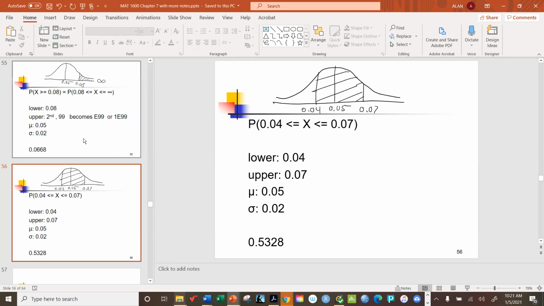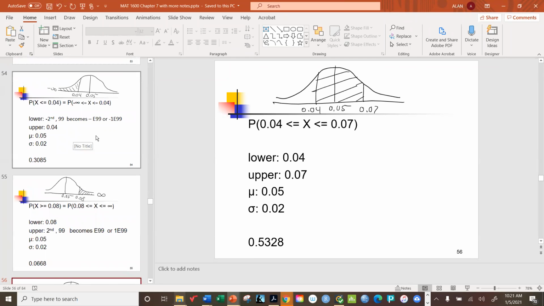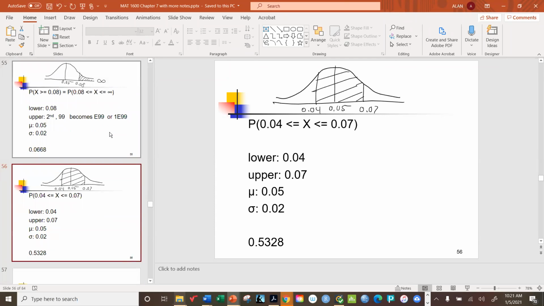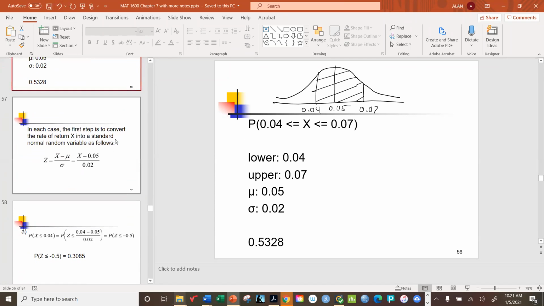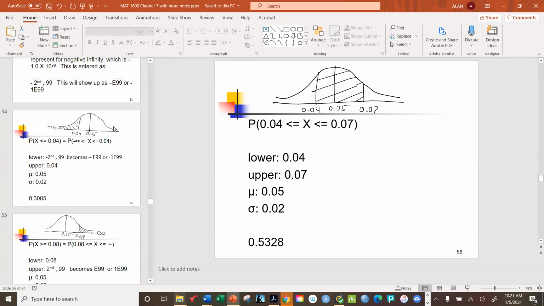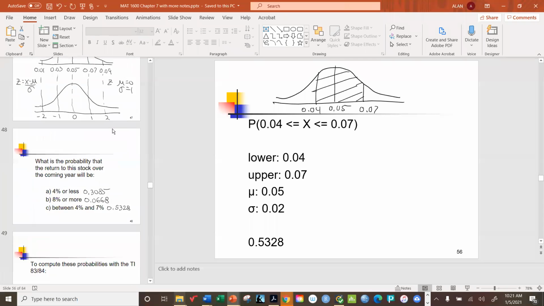And that's it. Those are three classic examples of how to calculate normal probabilities with your calculator. So I think you'll agree that's a little bit quicker and easier than using the charts.